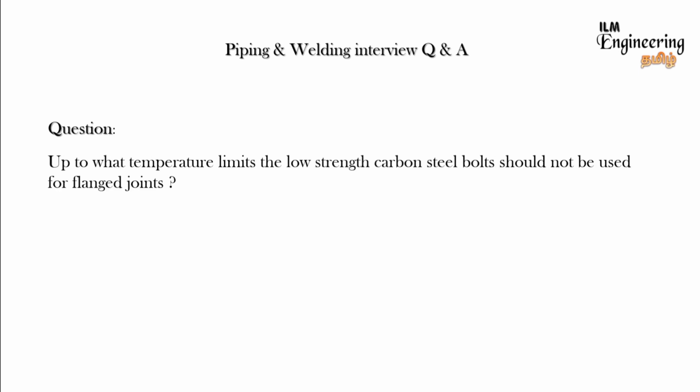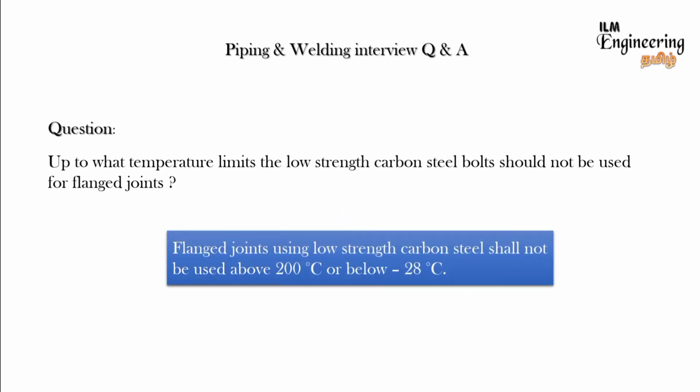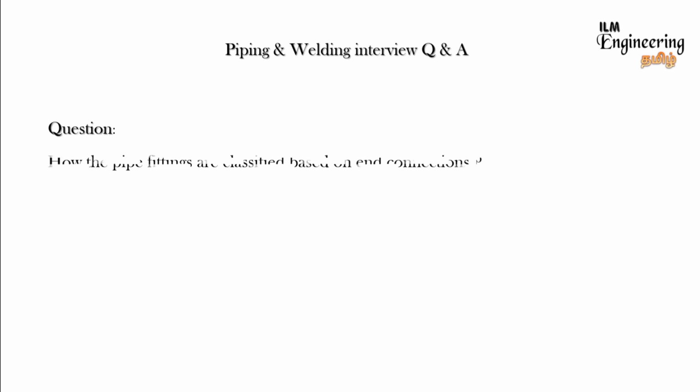Up to what temperature limit should the low strength carbon steel bolt not be used for flanged joint? Flanged joint using low strength carbon steel bolts shall not be used above 200 degrees Celsius or below minus 20 degrees Celsius. How are the pipe fittings classified based on end connections?